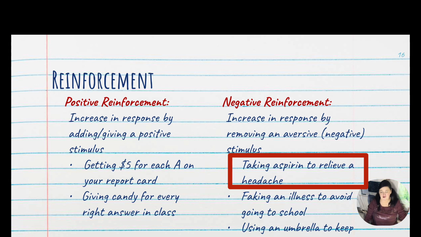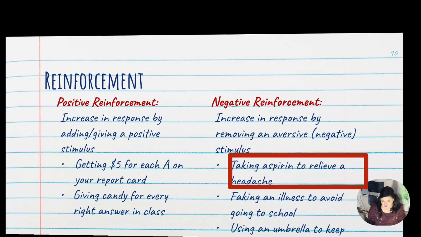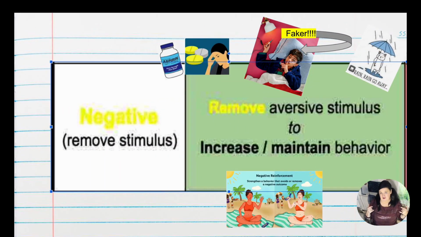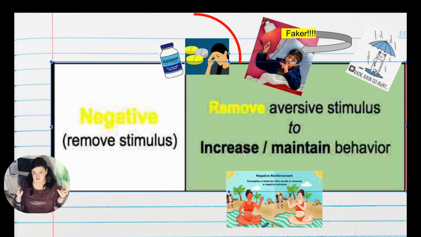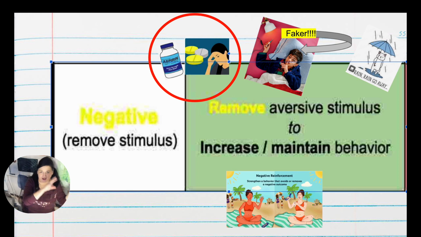Okay, so every time we take an aspirin in the future, we're going to remember that it took away that headache. So when we get a headache or a body ache later on, we're going to remember that medicine taking behavior paid off as soon as we took an Advil or an aspirin. So the medicine taking is the behavior, and the getting rid of the headache is the aversive stimulus.